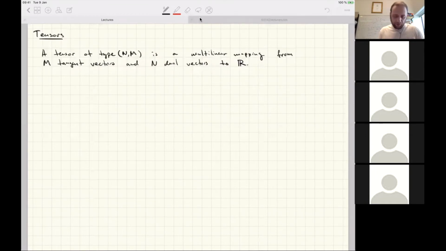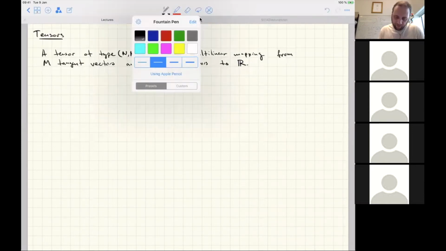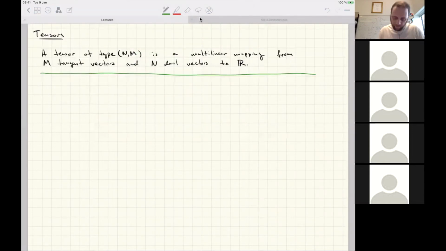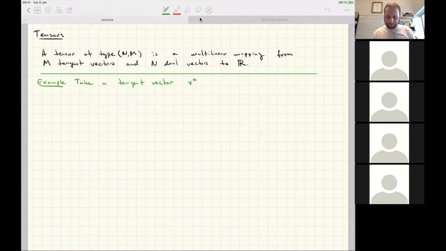So for example, if we take a tangent vector, and I'm going to assume that it has components V^a in some coordinate system, and I ask what kind of scalar can we construct from this?